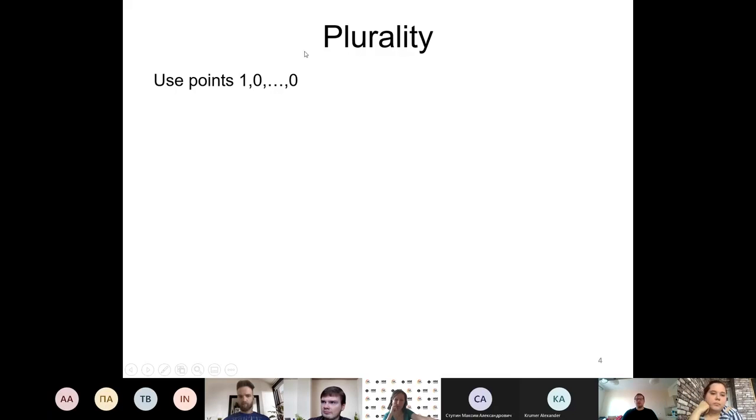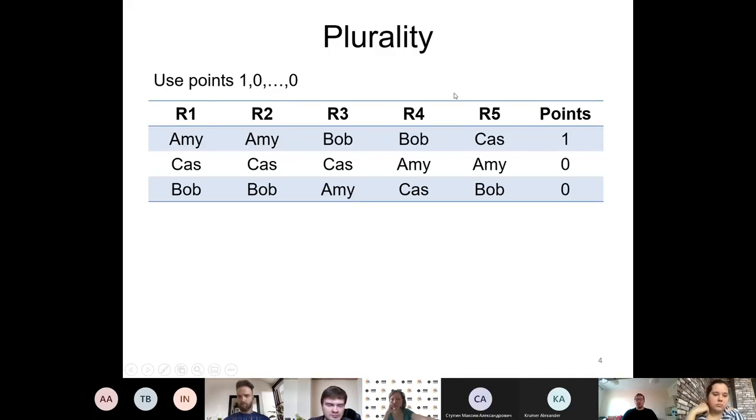The most famous rule is the plurality scoring rule. This rule uses points from 1 and all other points are 0. How does it work? For our profile, we give 1 point to each candidate at first position and 0 points for every other position.